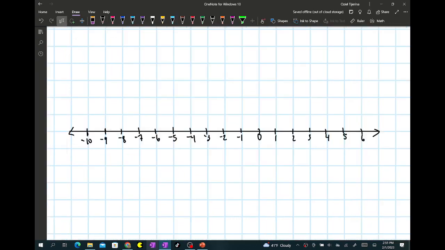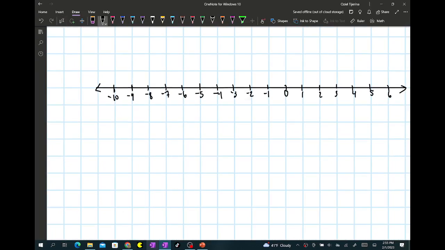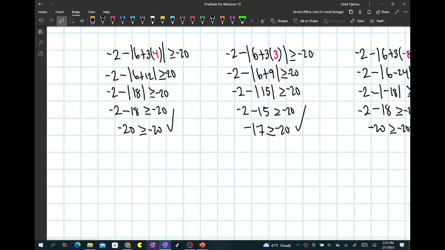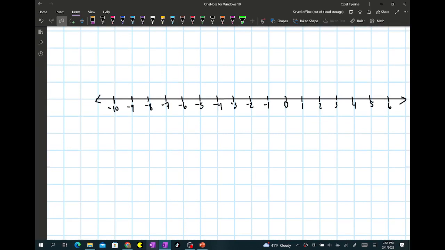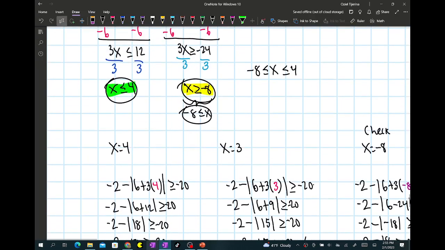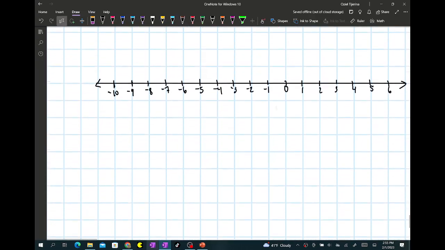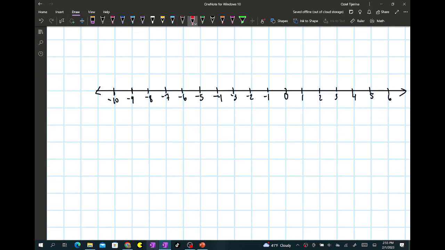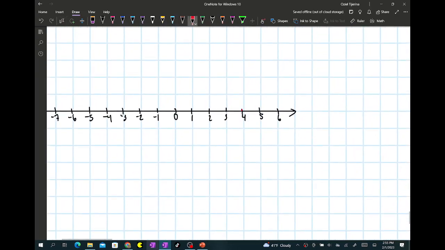Okay guys, so we have negative 8, I'm sorry, negative 8 less than or equal to x less than or equal to 4. So I'm going to put a closed dot at negative 8, and I'm going to put a closed dot at 4.